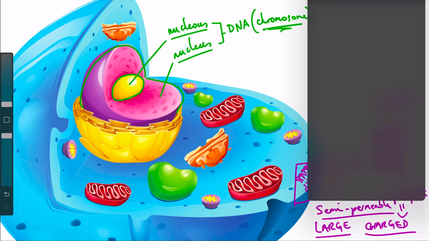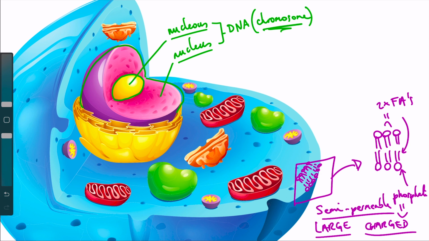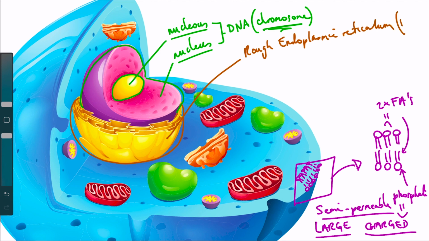If we move a little bit out, you can see that attached to the nucleus is this structure here. Now, this structure is called the rough endoplasmic reticulum. Good name. Rough endoplasmic reticulum, sometimes just referred to as the rough ER.